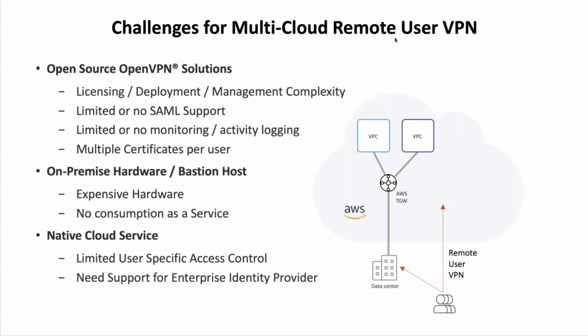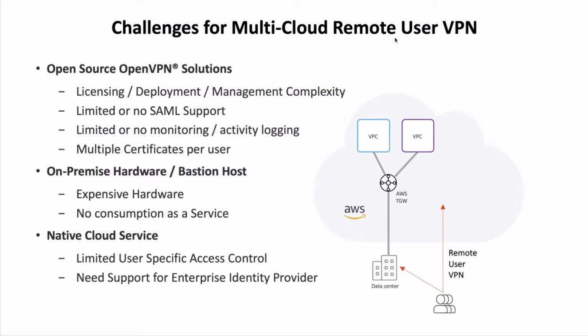In terms of challenges, what we see from many of our customers is that a lot are trying to use an open source, OpenVPN solution where licensing and deployment and management complexity all become a challenge for them. There's limited or no SAML support for most OpenVPN clients.